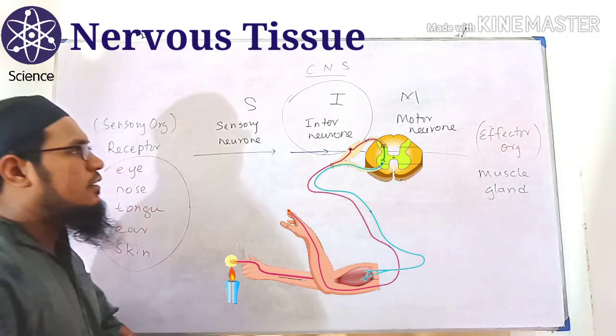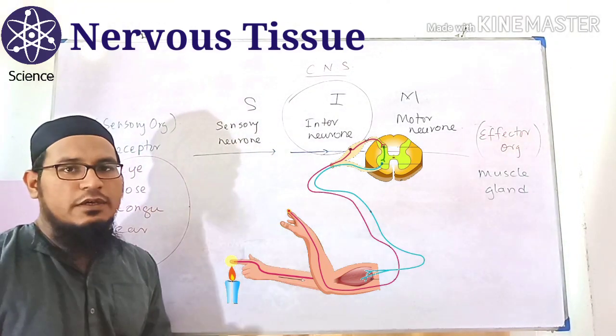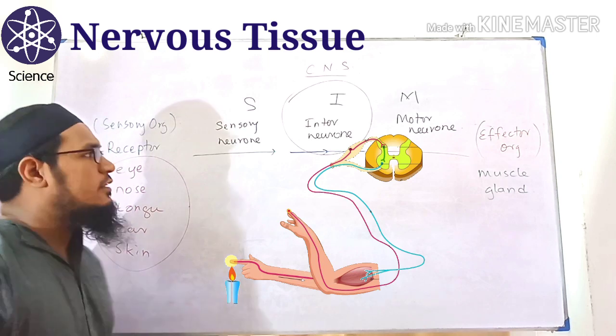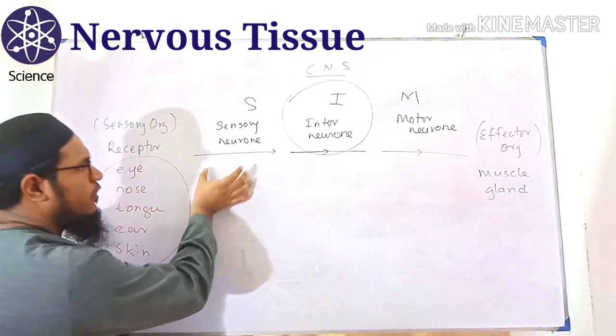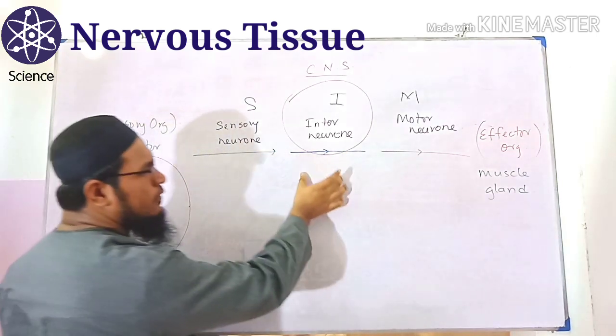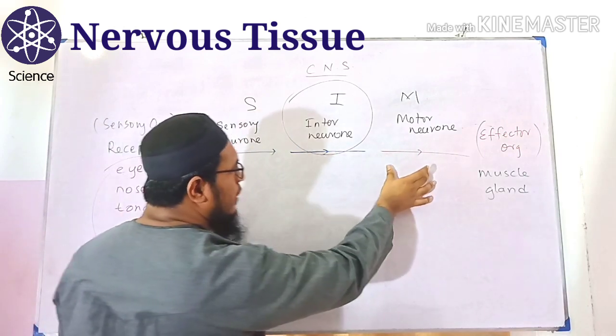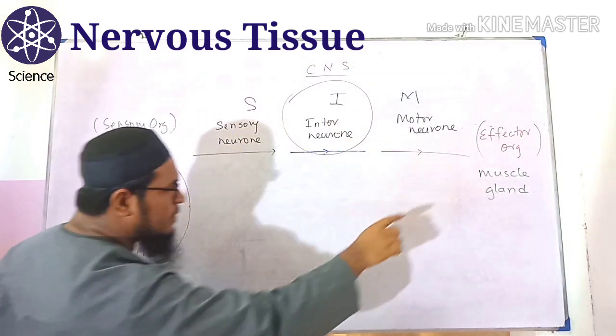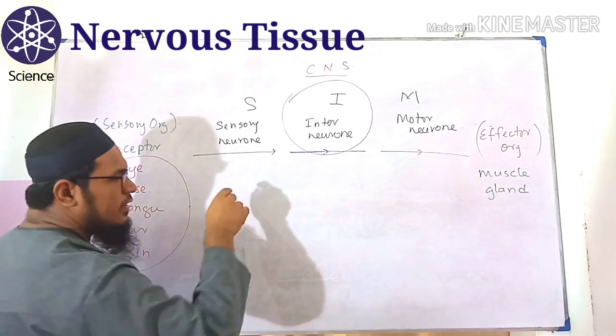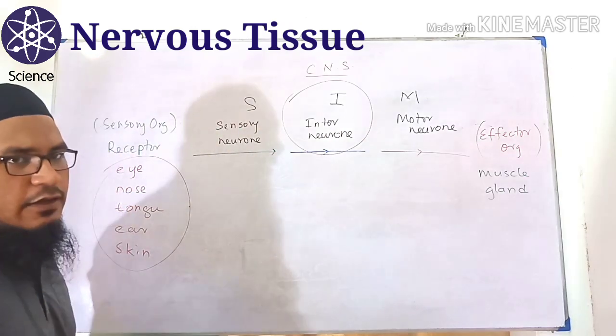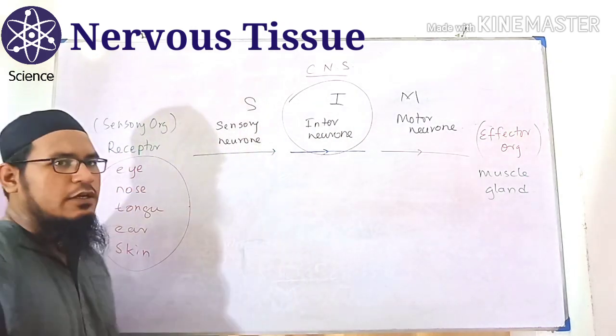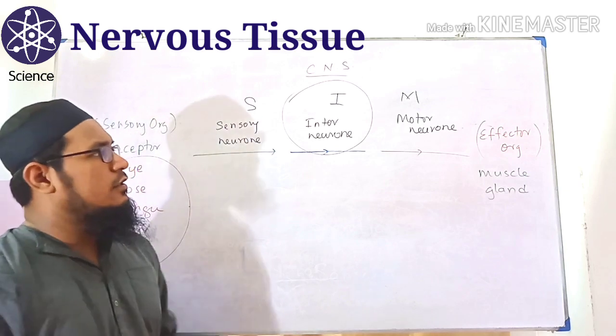It is the functional unit of the nervous system. We know that the structural unit is the neuron. We have sensory neuron, interneuron and motor neuron. And the function which happens by the combination of all this is called the reflex arc. That is the functional unit of the nervous system.